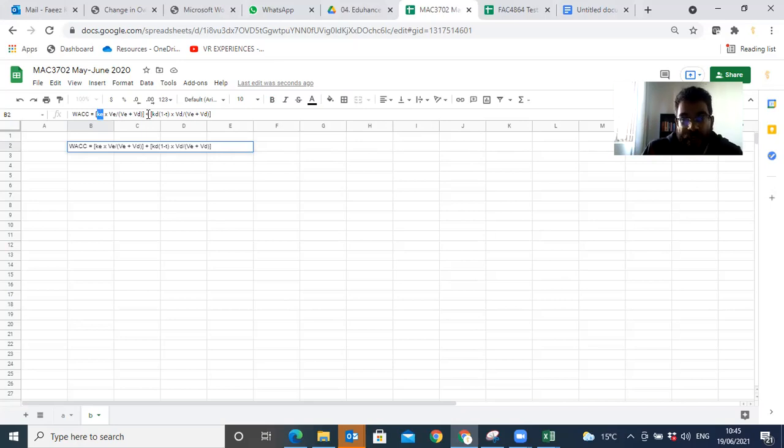Then we said another one is the weighting. The weighting, as you can see, is saying value of equity as a percentage of value of equity plus value of debt. Now, value of equity plus value of debt represents your total capital structure. That represents your long-term source of finance.